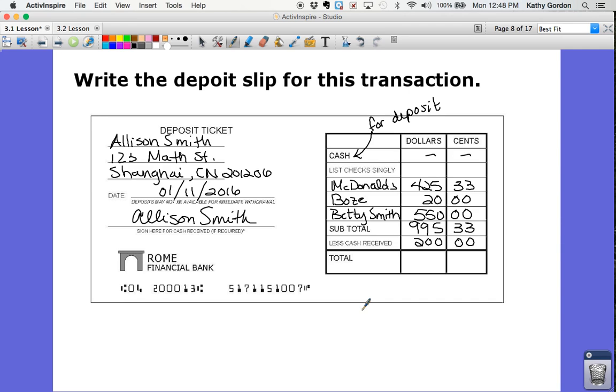So less meaning subtract the cash received. How much cash did I get out of this that's not going into my account? So my total here is going to be the $795.33. That's the amount that actually should get added to the account with this number.